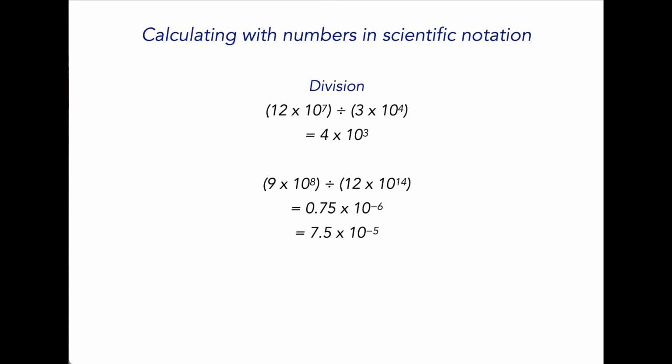But again, this is not scientific notation because 0.75 is not between 1 and 10. So we multiply the left-hand side by 10, giving us 7.5, and that means we need to divide the exponent by 10, giving us 10 to the power of minus 5. So our answer is 7.5 times 10 to negative 5.